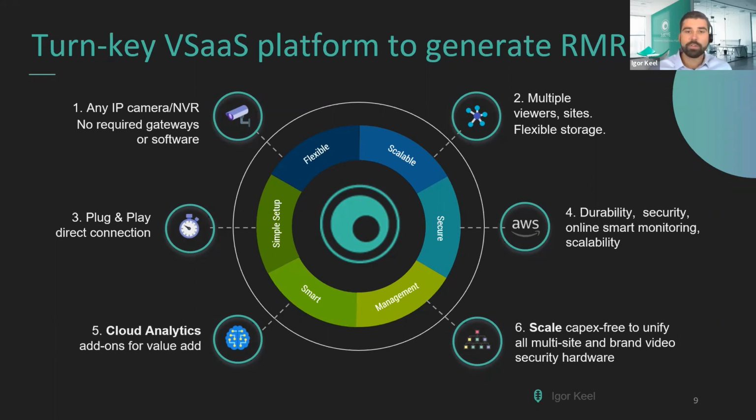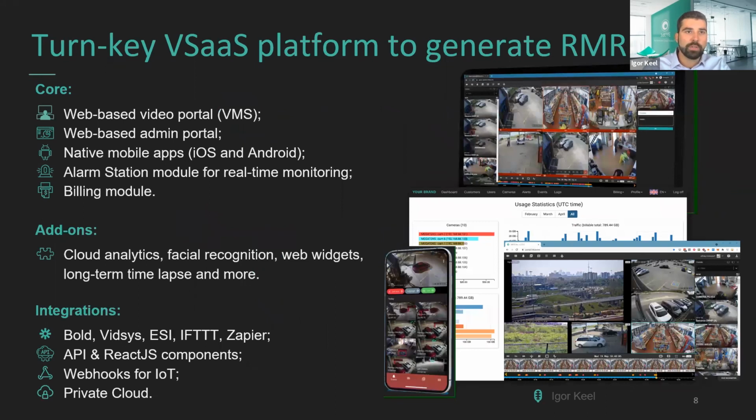And the cloud analytics are some of the most competitive and efficient on the market, giving you an opportunity to value add to your clients. And lastly, number 6, you can scale CapEx free to unify multi-site and brand security hardware. So again, no need to purchase additional hardware. Use what you have and scale CapEx free.